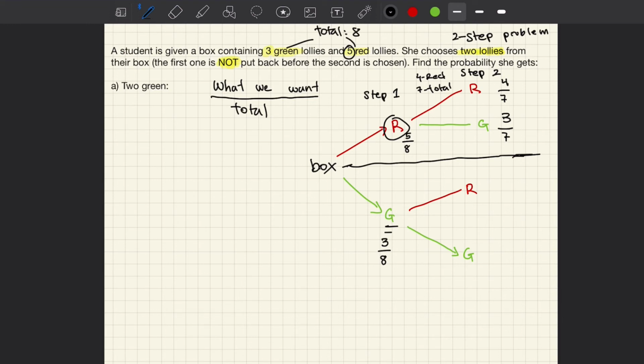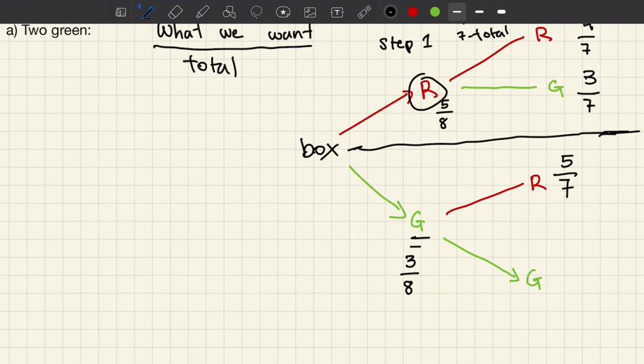Now, this red attached to the green, what's the probability for that? The probability for this is going to be 5 reds over 7. How did we get this?